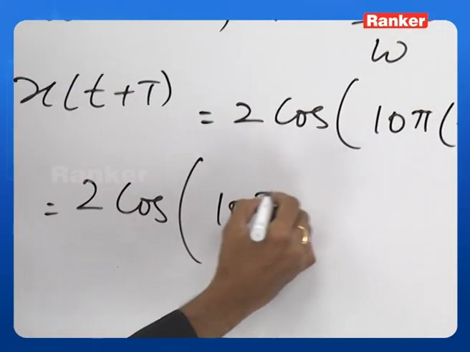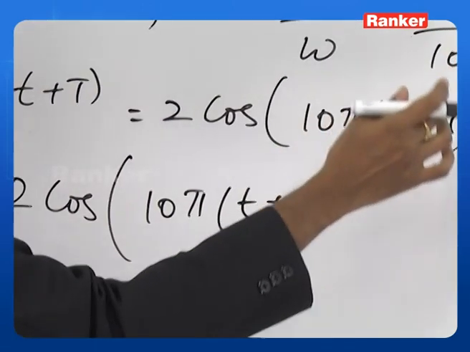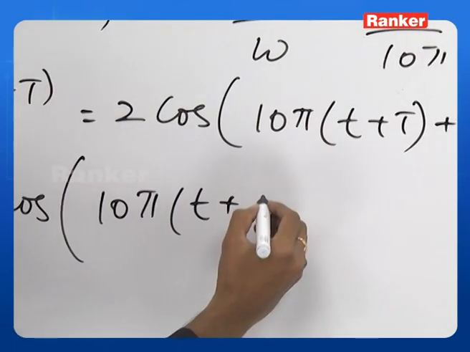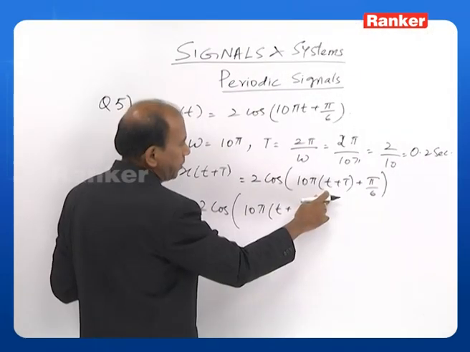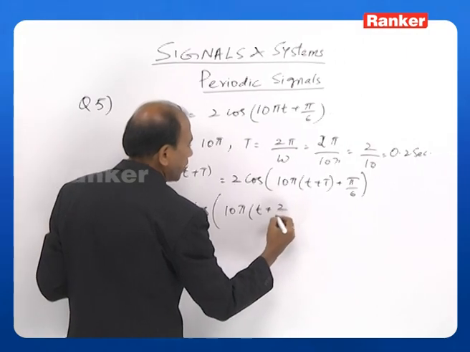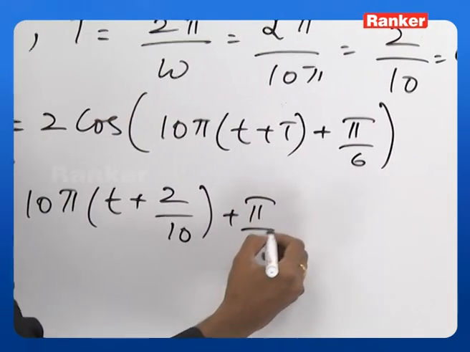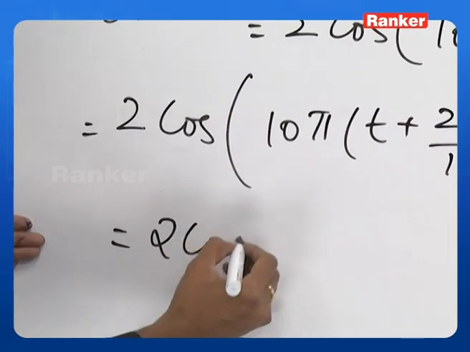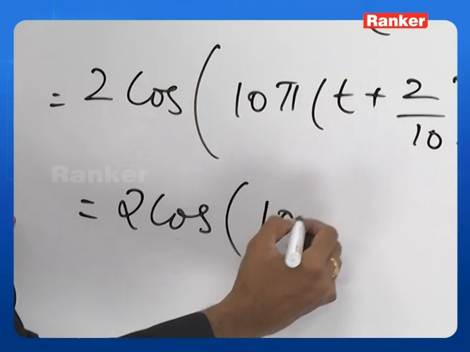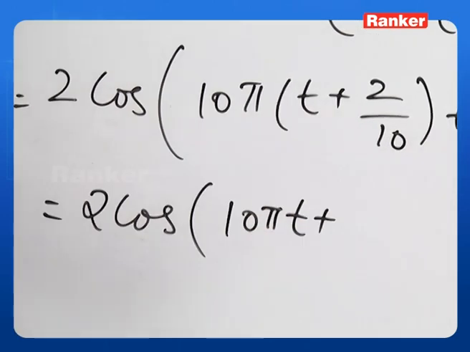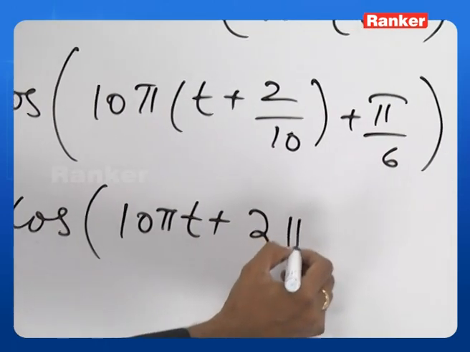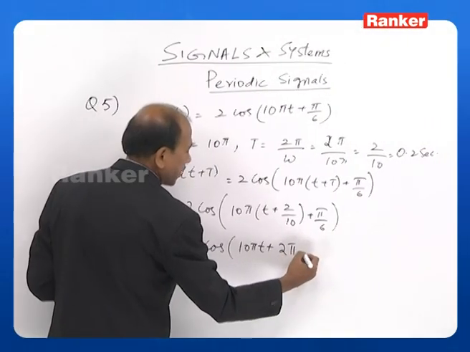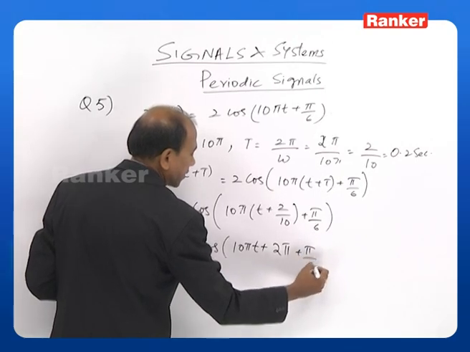So, this is equal to 2 cos of 10 pi into t plus, what is T here? It is equal to 2 by 10. So, this is equal to 2 by 10 plus pi by 6. So, this is nothing but 2 cos of 10 pi t plus 2 pi plus pi by 6.